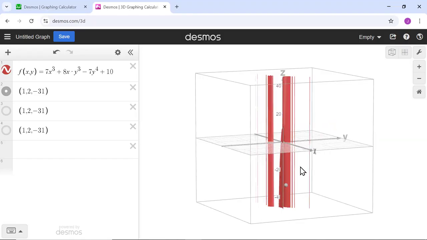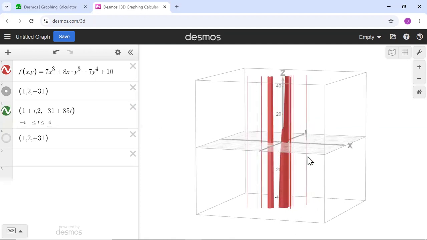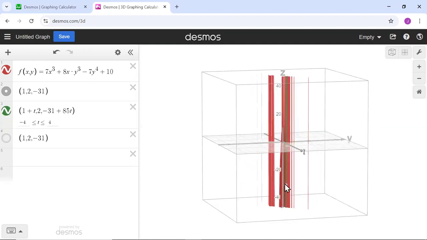That point is 1, 2, negative 31. And it's saying if we change x by a unit, then the z value should change by 85 of those units. And so we get a tangent line.